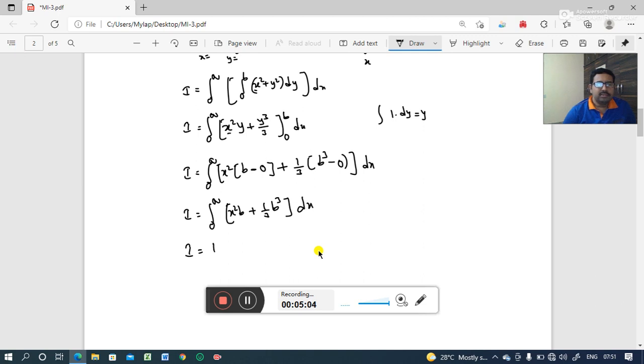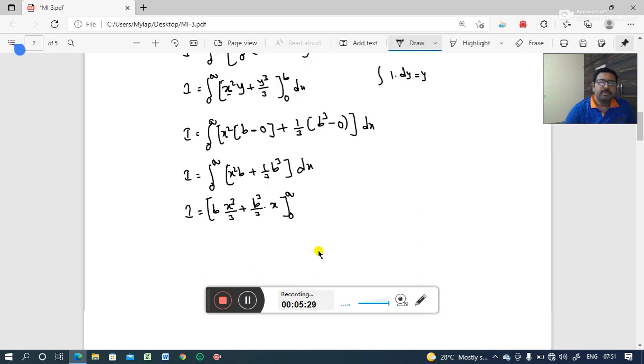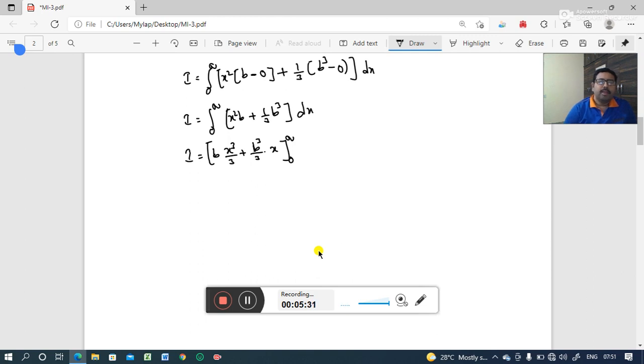Treat b as constant, so x square integration gives x cube by 3 plus b cube by 3 is constant, and integration of 1 into dx gives x. Here the applicable limits are 0 to a. So upper limit of x is a and lower limit of x is 0.